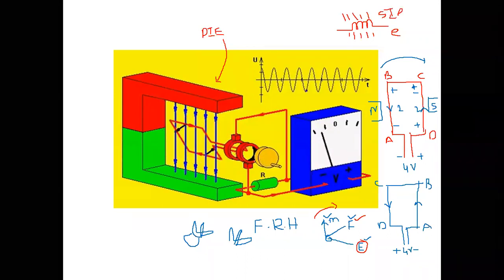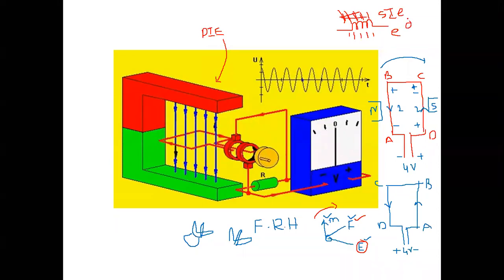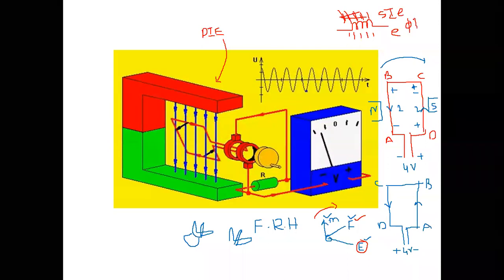In statically induced EMF, the conductor is constant and the flux linking with the conductor is changing with respect to time, then it is called statically induced EMF. In statically induced EMF, flux is varying. In dynamically induced EMF, flux is constant, the conductor is rotating, the coil is rotating.